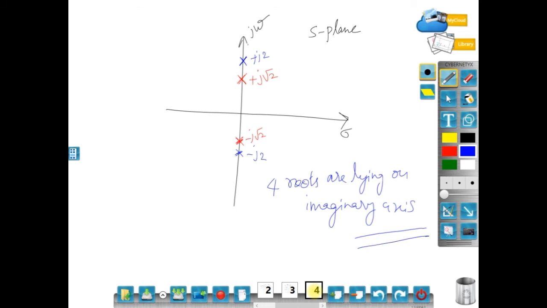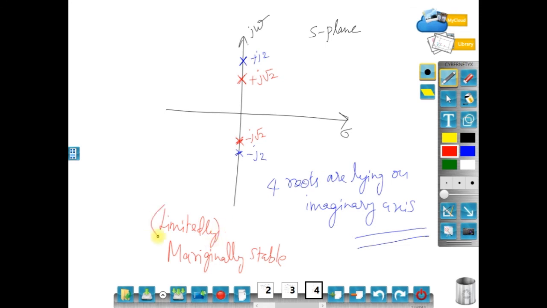According to Routh-Hurwitz stability criterion, if a single pole is present on the imaginary axis, I mean single pole means non-repeated, non-repeated poles lying on imaginary axis means the system is said to be marginally stable or otherwise limitedly stable.